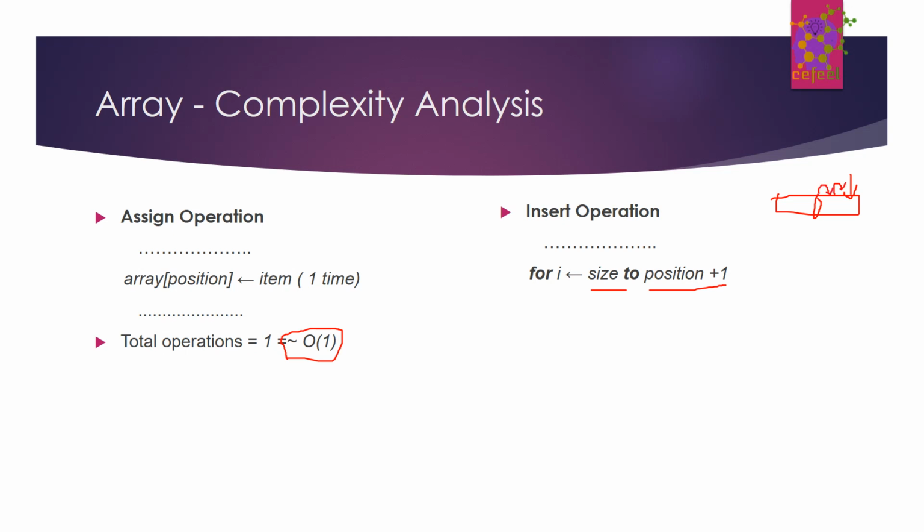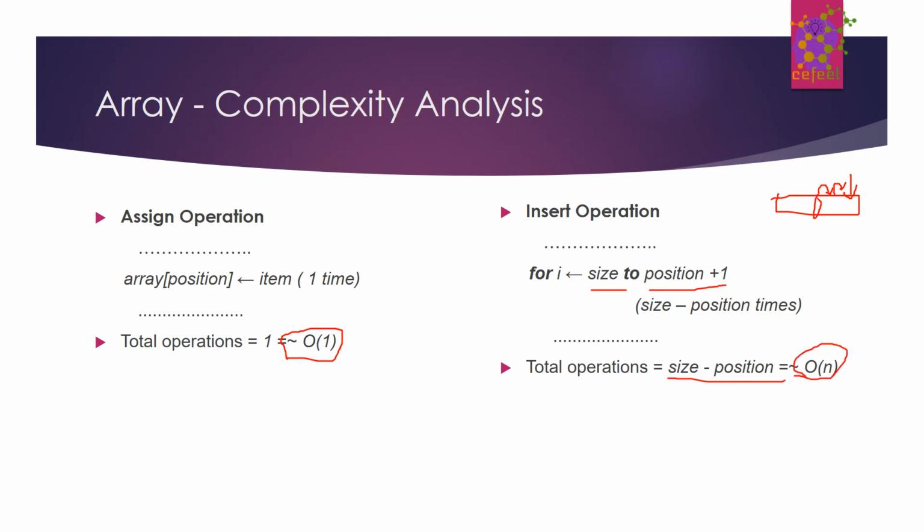So in fact there is one loop, and if you see this, the number of operations that it performs is size minus position, which is approximately order n in the worst case. If we want to insert the item at the first location, we have to move the entire array in the worst case, that's why we say the insert operation, or the total number of operations maximum possible, is order n.